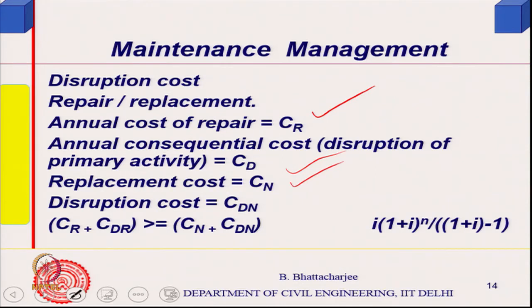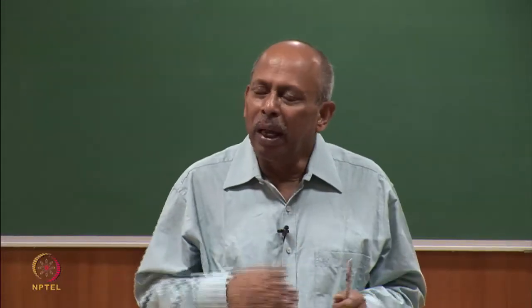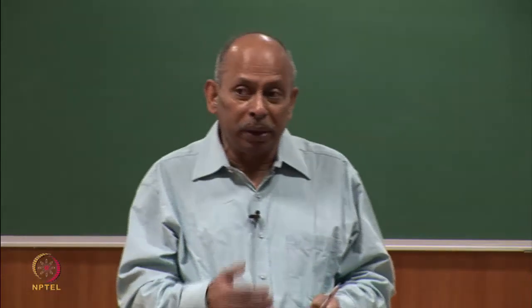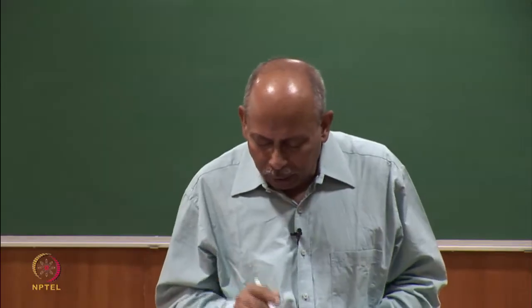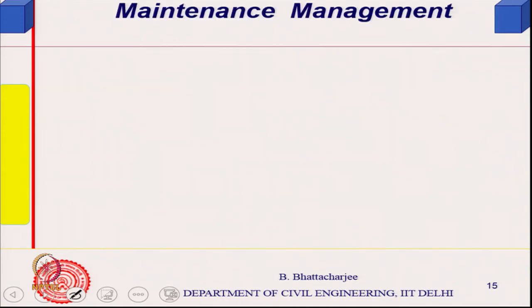So, actually you can model them and find out the total cost for alternatives, like we did for bulk replacement or for this one, the number of inspections. You can equate the total cost and then differentiate if required to find out the number of inspections. So, disruption cost one may take into account.